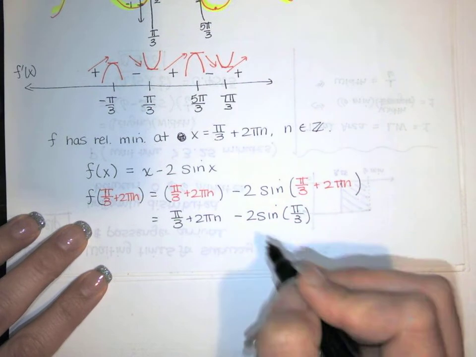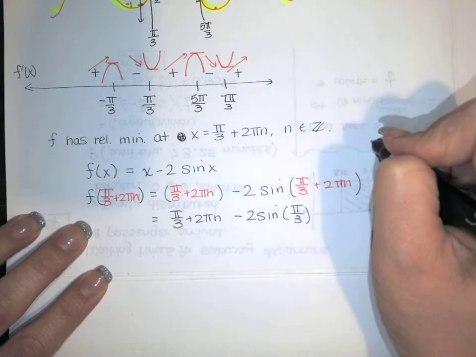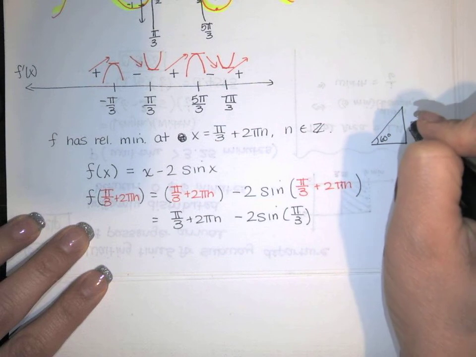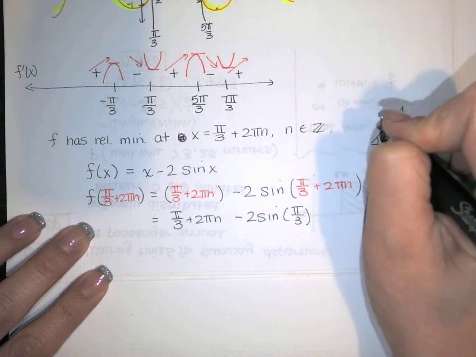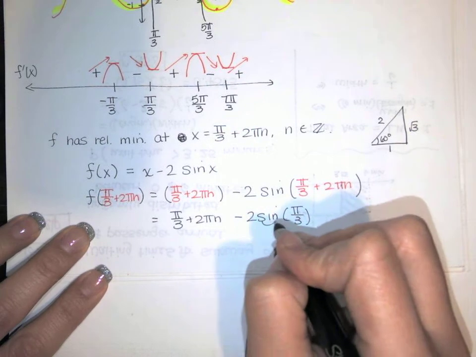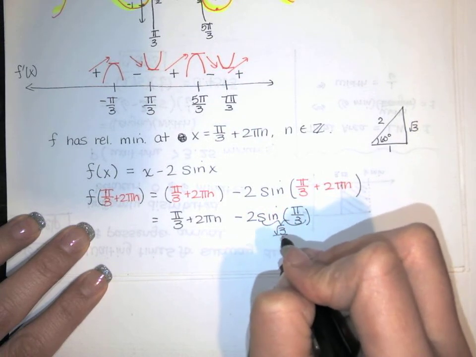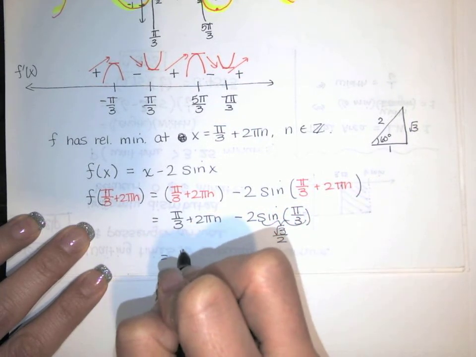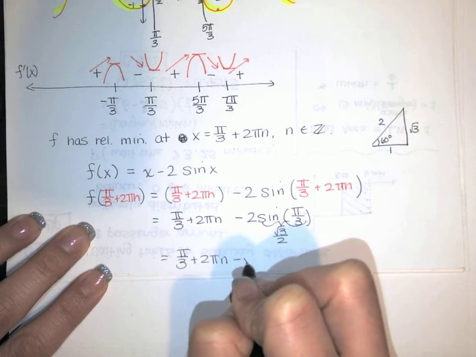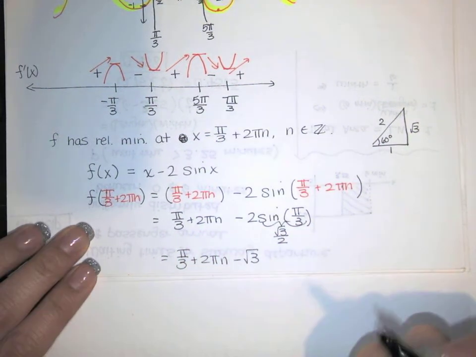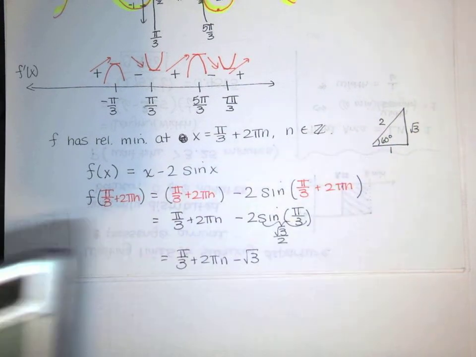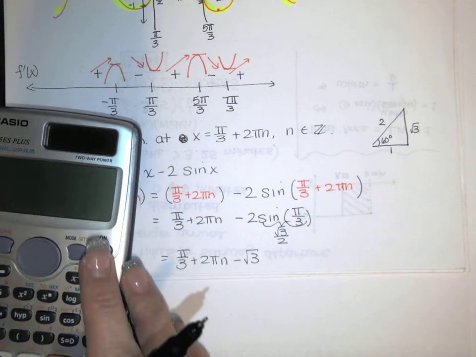So I got minus 2 times sine of pi over 3, which is 60 degrees. And we know sine is from SOHCAHTOA, opposite over hypotenuse. This is square root of 3 over 2. So we get pi over 3 plus 2 pi n minus square root of 3. And I think I want to just estimate what that is numerically.